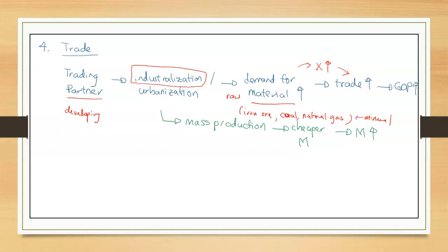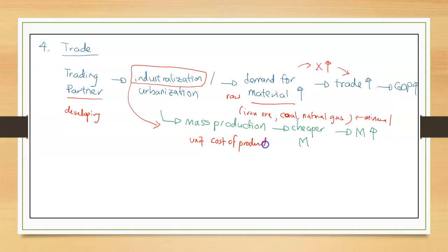Now besides that, an industrialized country does mass production. Factories, and they are industrialized, obviously mass production will be happening. So meaning they produce in bulk. When they produce a product in bulk, their unit cost of production will be lowered.